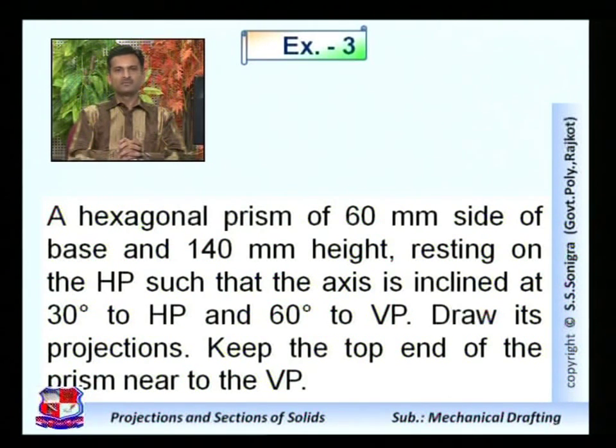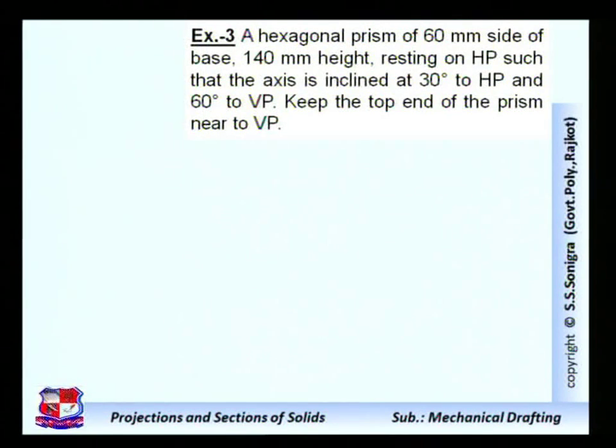So this problem is similar to the second problem. The difference is that it's a hexagonal prism instead of a cylinder. Let me discuss the solution of this problem. For that, first we draw the XY line, which represents the intersection of both the planes HP and VP.